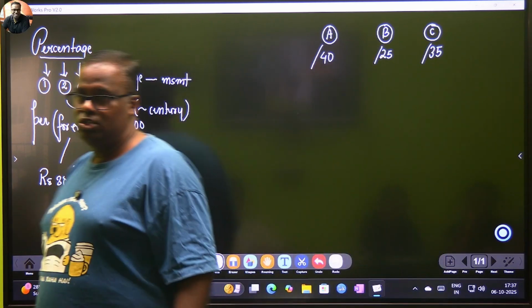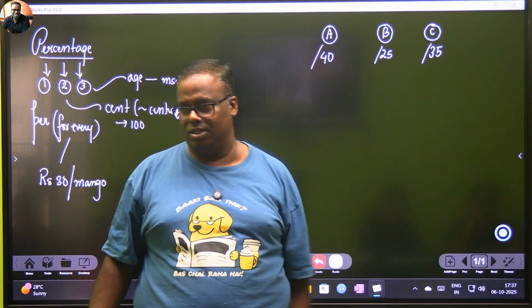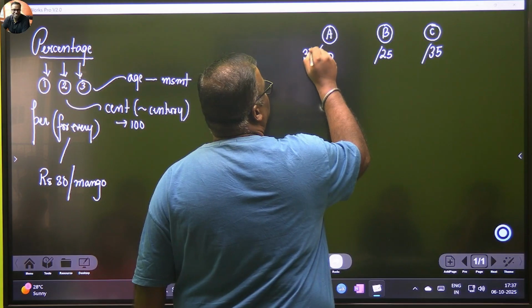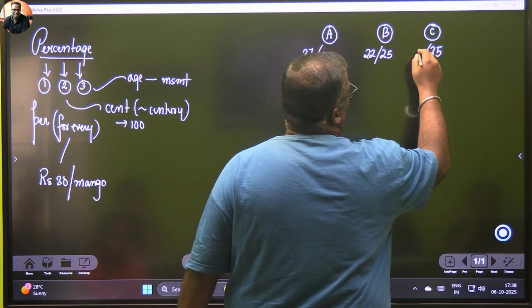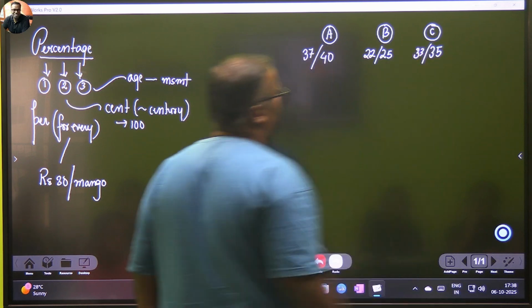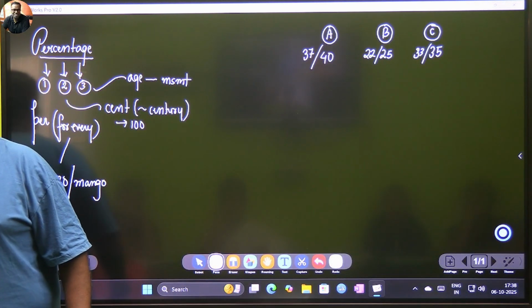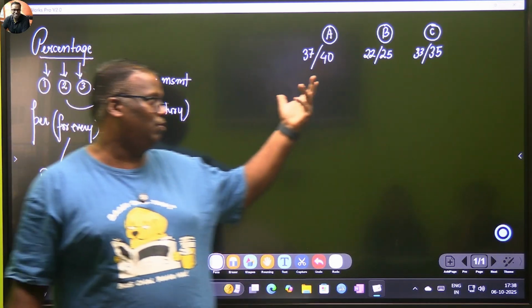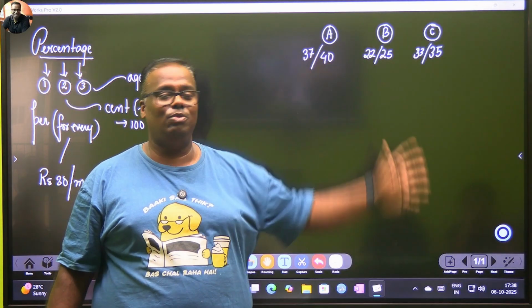A, B, and C respectively score 37, 22, and 33. Somebody asks, who scored the best? It becomes difficult for us to understand because everyone has not been evaluated on the same scale.